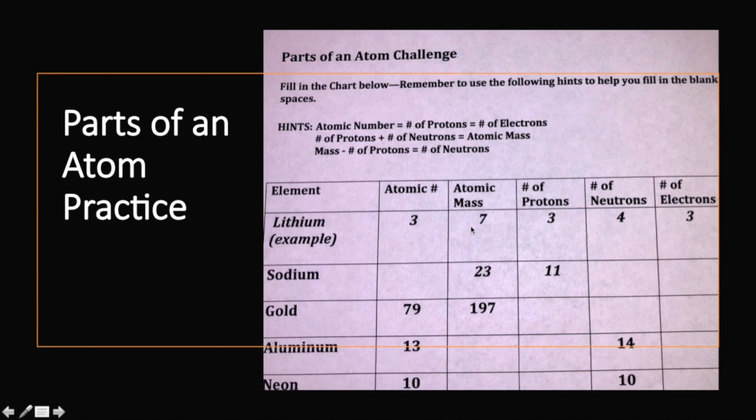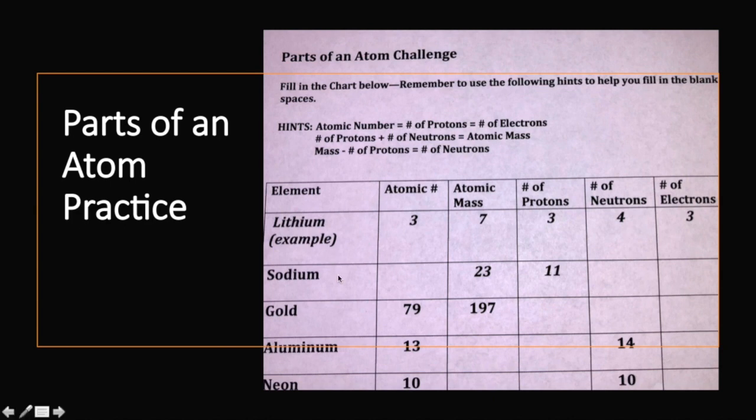So if I need to know how many neutrons there are, I go up here to my hints and look at that, and I can determine very quickly that the atomic mass is 7, the number of protons is 3, and therefore I must have 4 neutrons in a stable lithium atom.